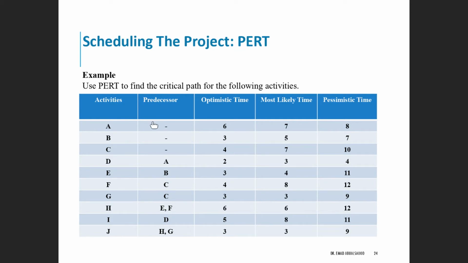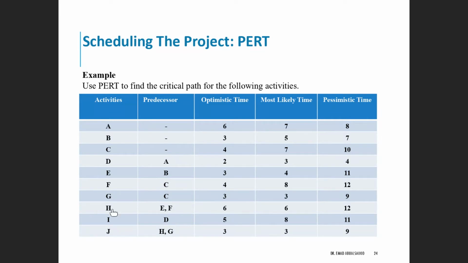The predecessor for each activity, the prerequisite لكل activity, is listed in this column. So activity A, activity B and C, they don't have any prerequisite activities. ما عندها أي activity لازم نبدأ فيها قبل ما نبدأ في A, B and C. Sometimes only one activity does not have a predecessor and all the others have. But in this case, we have three that don't have any predecessor.